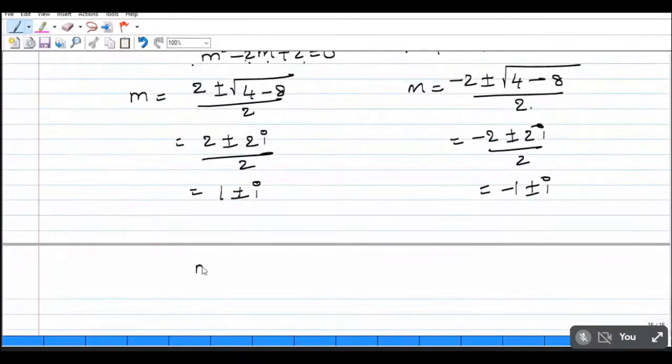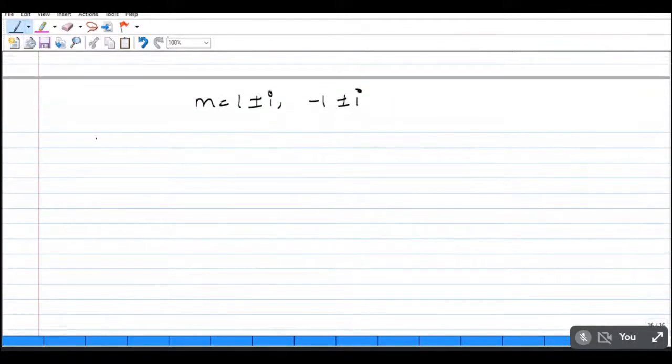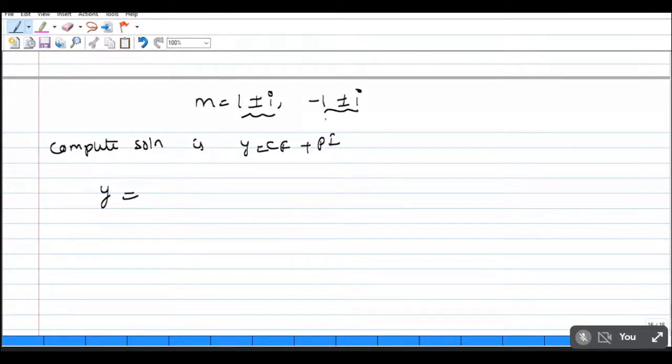What are the roots? m equal to 1 plus or minus i, minus 1 plus or minus i. I'll write the complete solution directly. Complete solution is y equal to CF plus PI. What is the complementary function? These two are complex and distinct, not repeated roots, right?